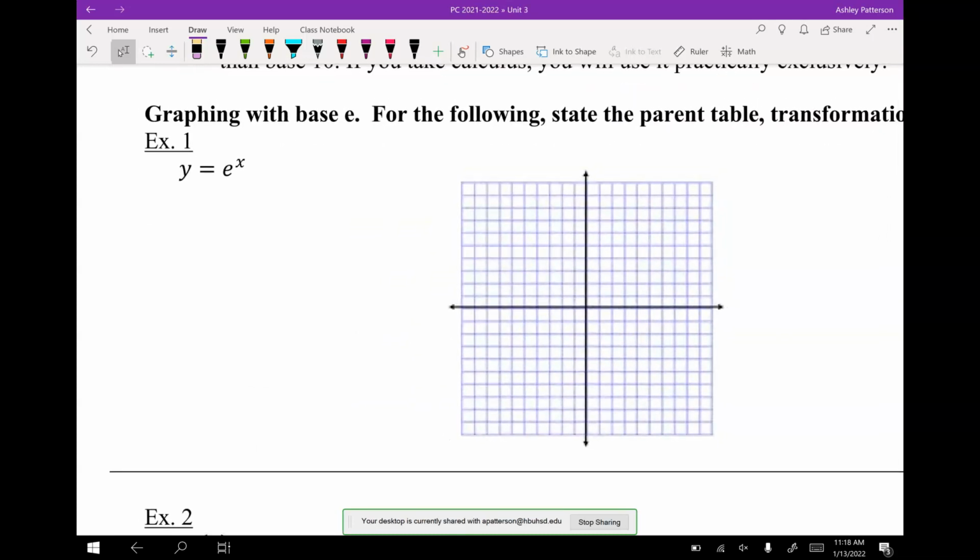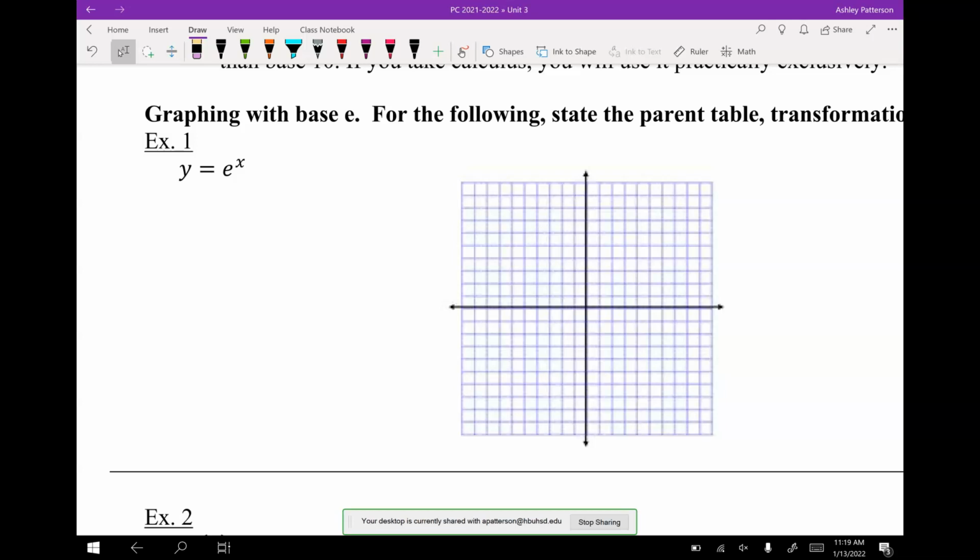How do we know if it's exponential growth? What's raised to the exponent? The base. And E is what in relation to the number 1? It's greater than.